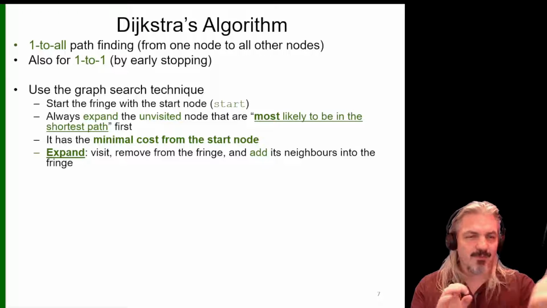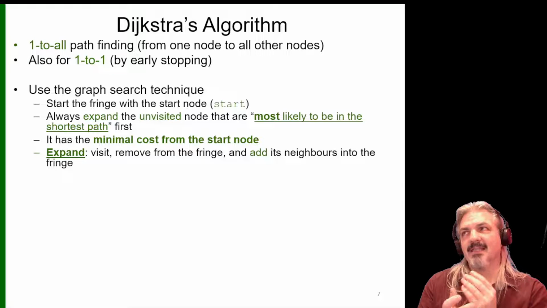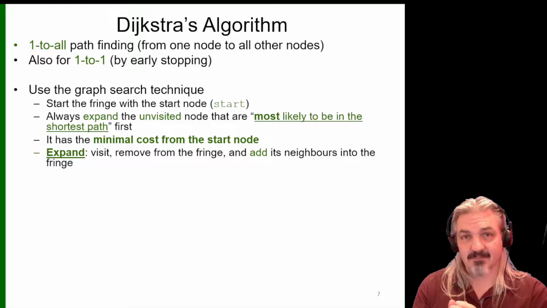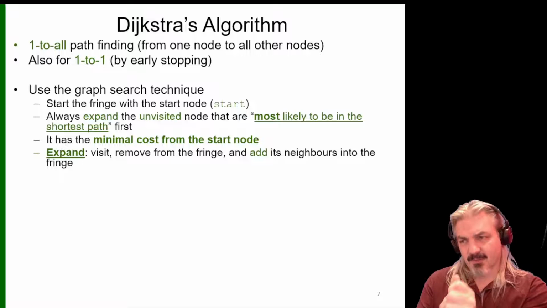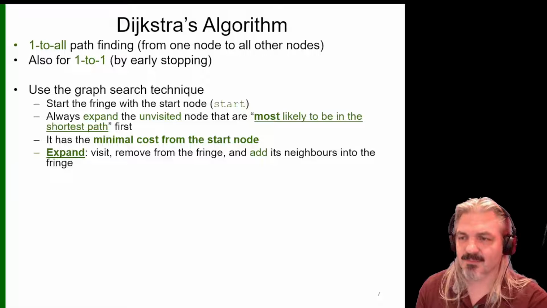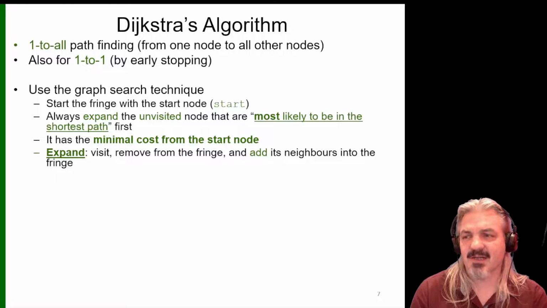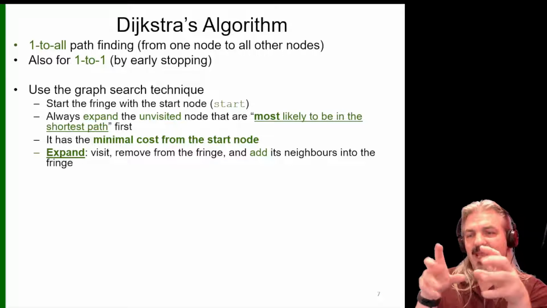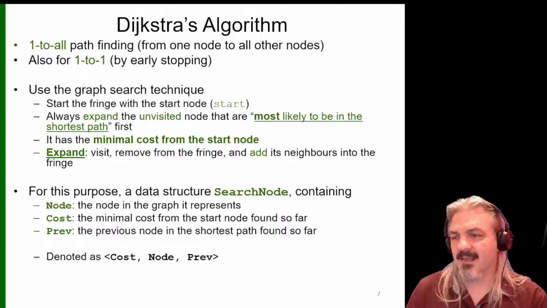So rather than right to left, as was pointed out here, we now are going to be expanding the one that is closest to the start. We systematically look at the distance we've traveled and always go with the closest one. It has to have a minimal cost from the start node, and we expand it and visit the fringe. When we expand, we visit, we remove it from the fringe, and we add its neighbours to the fringe. So again, we expand out.